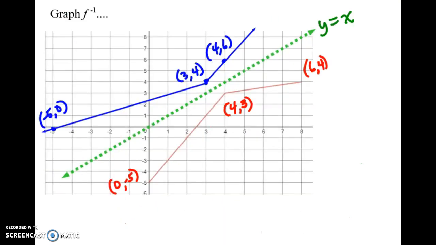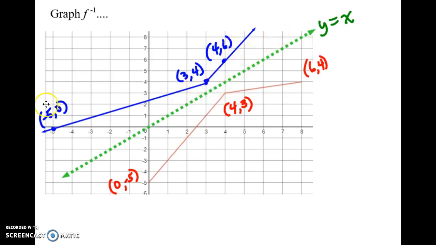All right, let's see if I give you a graph. Could you graph the inverse for me? So maybe in the homework you're given this red line as your original graph, and you notice some points here, 6, 4, this would be 4, 3, and this point would be 0, -5. Well, if I'm told to find the inverse, what I'm going to do is flip all of these ordered pairs. So -5, 0, and then 3, 4, and then finally 4, 6.